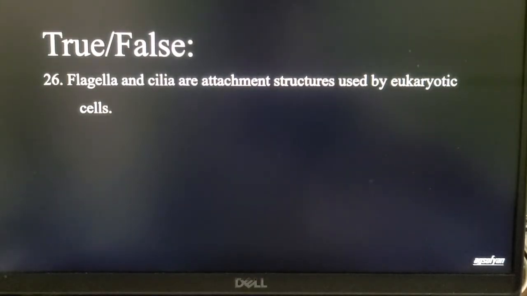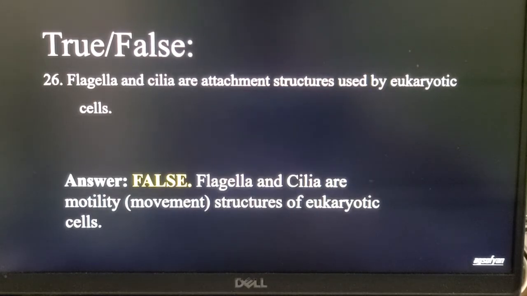True or false. Flagella and cilia are attachment structures used by eukaryotic cells. Choose your answer. Nope. The answer is false. Flagella and cilia are actually motility structures or movement structures of eukaryotic cells.